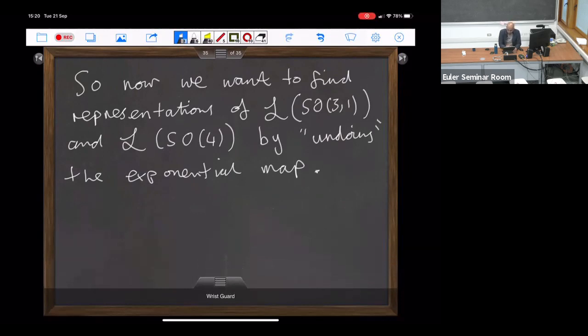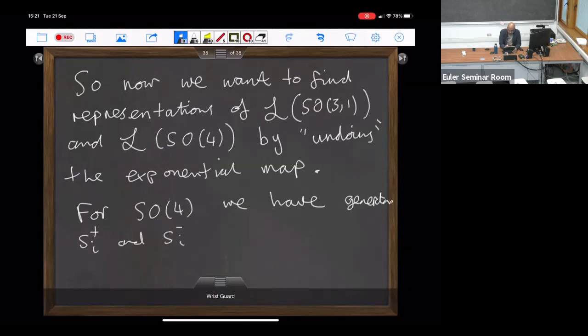So let's start with SO4. We have the generators S plus I and S minus I, which are just those linear combinations of the TIJs that we defined.